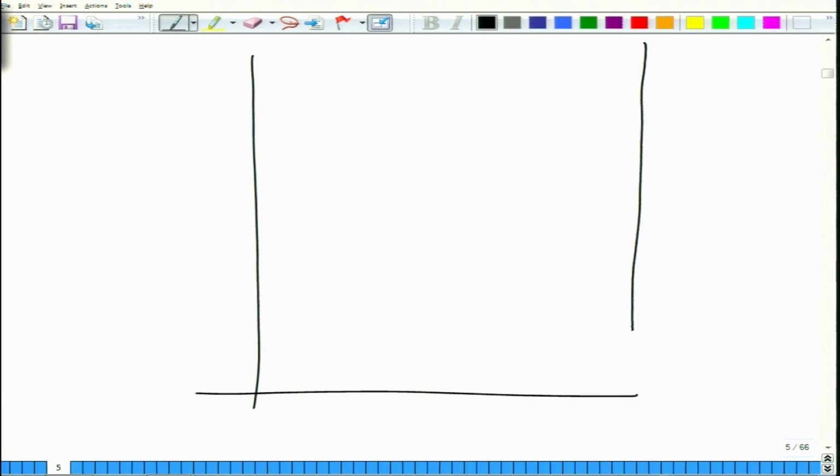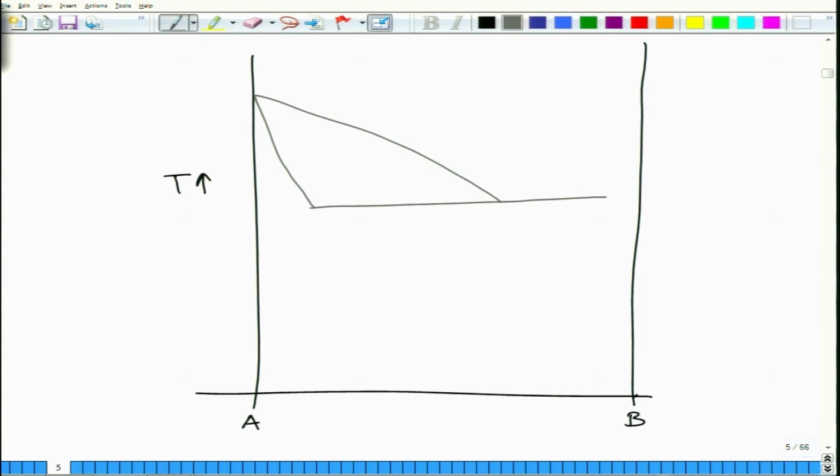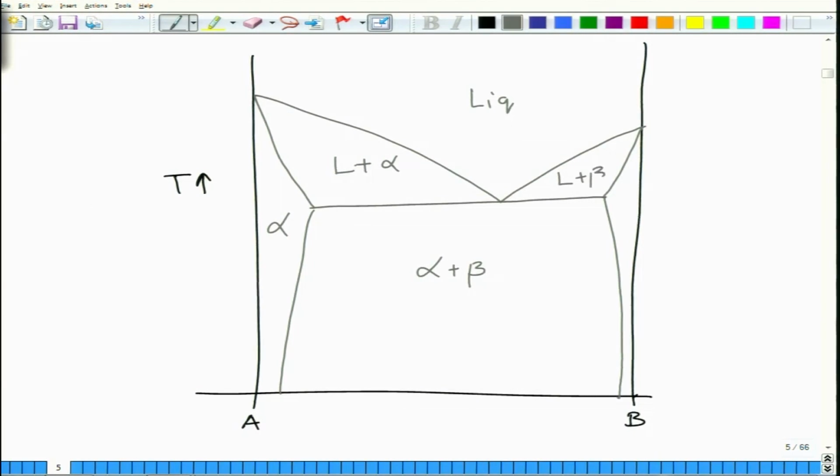So if you look at a good phase diagram, how it looks like. The previous one was the phase diagram that we constructed, which was not very neat as far as drawing was concerned. So what you will obtain is something like this. This would be the liquid region, this would be liquid plus alpha, this would be alpha, this would be alpha plus beta, liquid plus beta, and this would be beta.